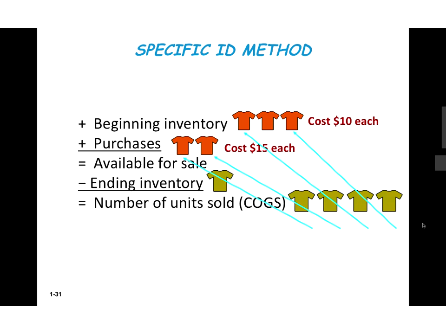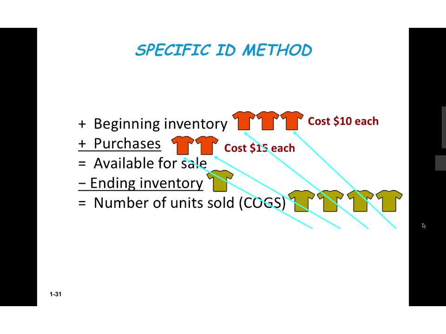The first method that we're going to talk about is specific identification. Specific identification we will spend the least time on, but you do need to know it exists. Specific identification says we can identify which units we sold and which units we still have. This can only be used typically when we have something that's high cost and has serial numbers or unique identification.